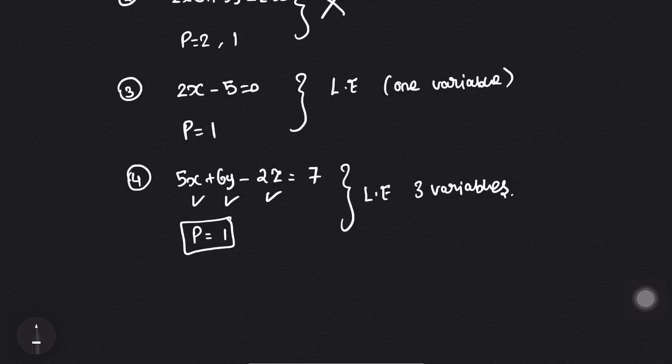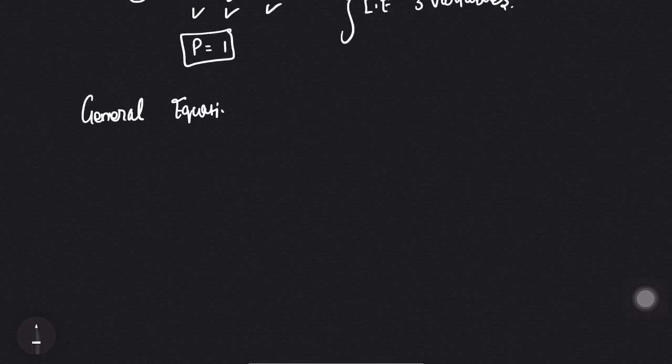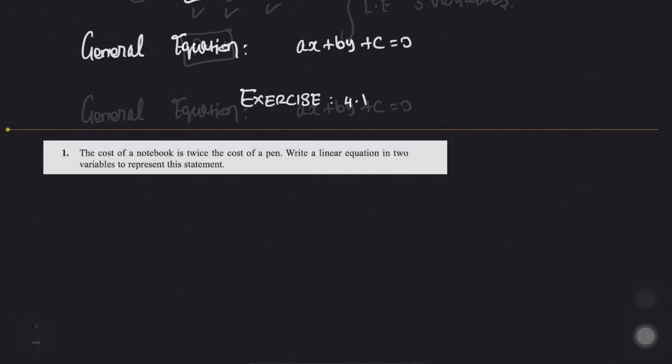Now moving to the general format of linear equations. The general equation is ax plus by plus c is equal to 0. So this is the general form.